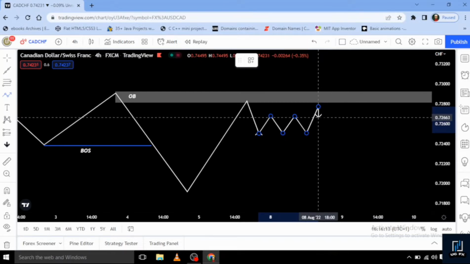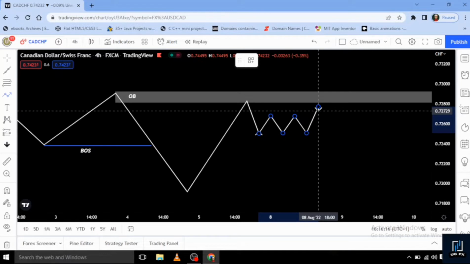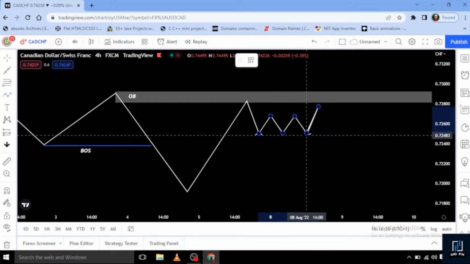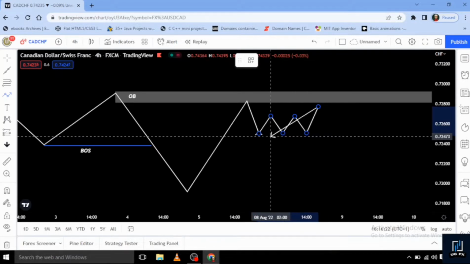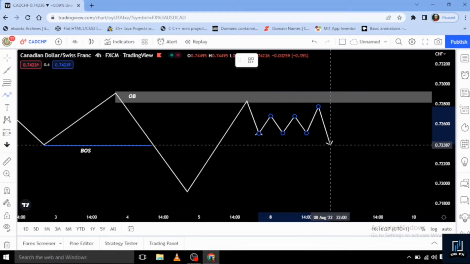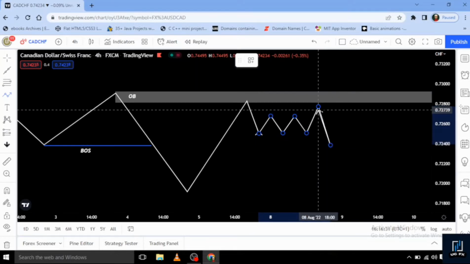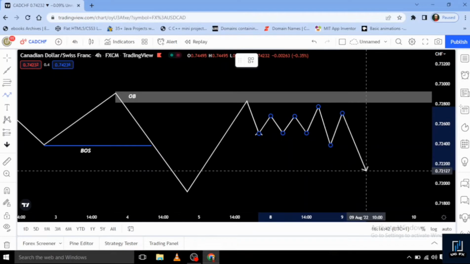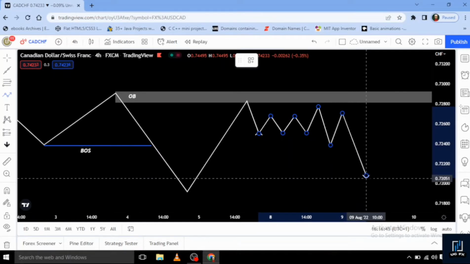So the smart money will come back, take out these Asian lows, taking out the stop loss of those that are buying. Then after taking that out, they will come back to mitigate or tap into this level where this liquidity purge started, before continuing to move in their intended direction.